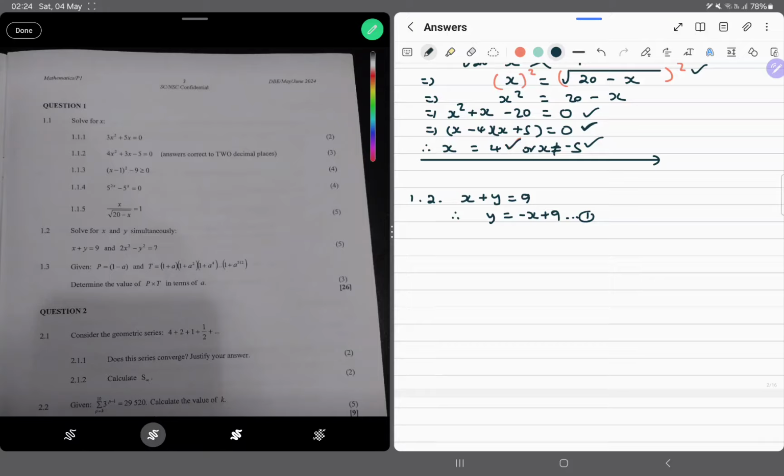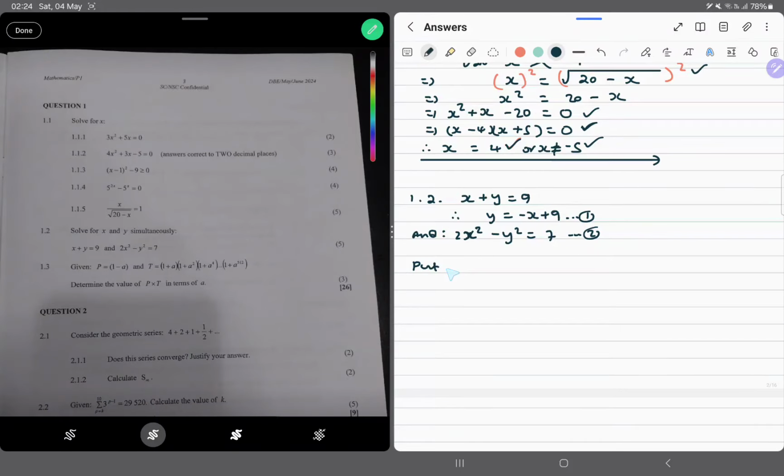Put it in standard form, right? And we've got 2x squared minus y squared is equal to 7. That becomes our equation 2.